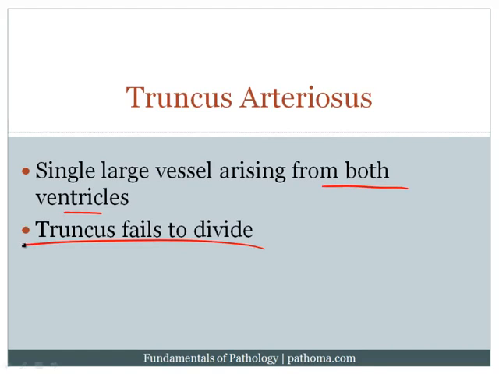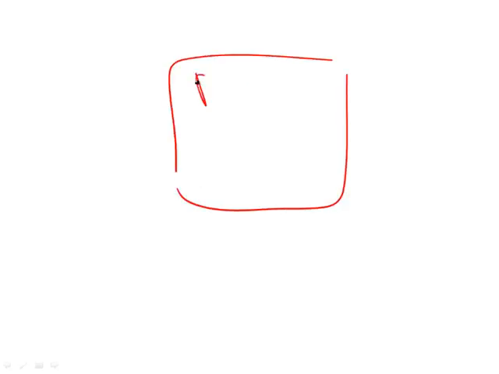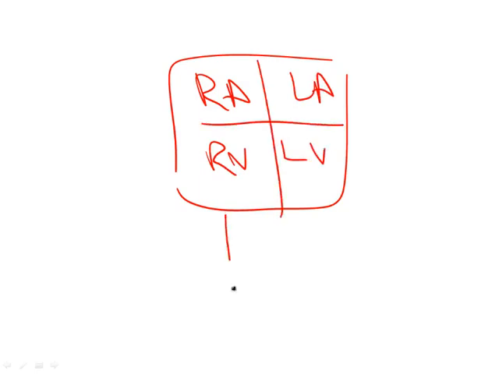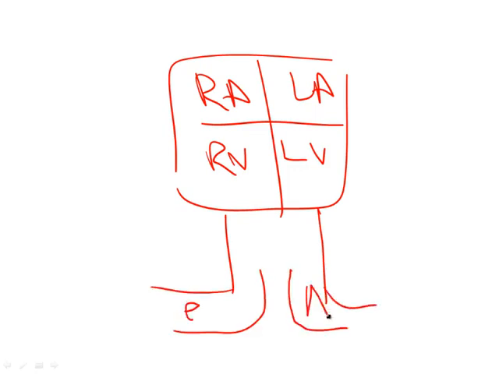fails to divide. So here's the idea. We've got our standard right atrium, right ventricle, left atrium, left ventricle, and the idea here is that you've got this large trunk coming off both ventricles. Now, of course, this will eventually divide into the pulmonary circuit, and this will eventually divide into the aorta.